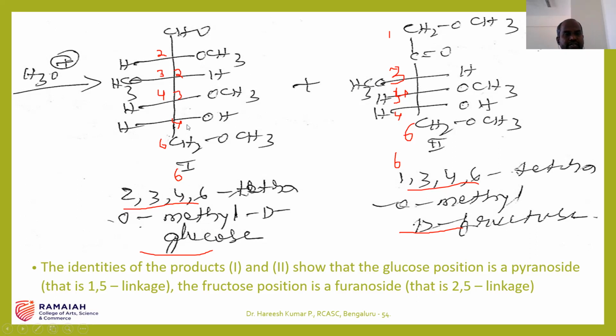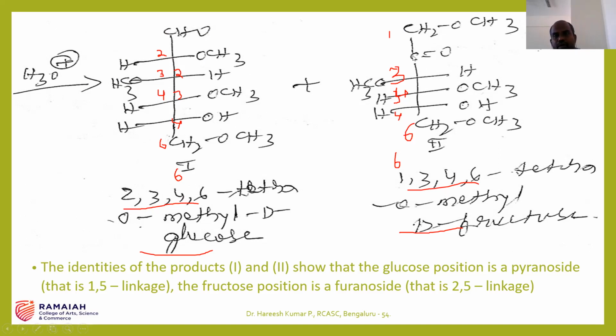Why is it D? Because here the OH is on the right hand side. So the name of this compound is 2,3,4,6-tetra-O-methyl D-glucose.